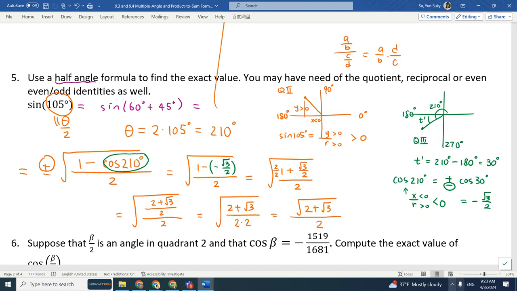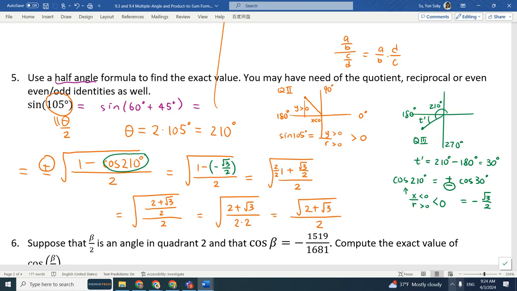So this problem, there are 2 methods. One method is to use the sum angle formula, which I think is easier. Do you agree? Yes? You use this formula and you get what is sine A plus B? Okay, your formula sheet. You want to carry your formula sheet all the time in this practice.